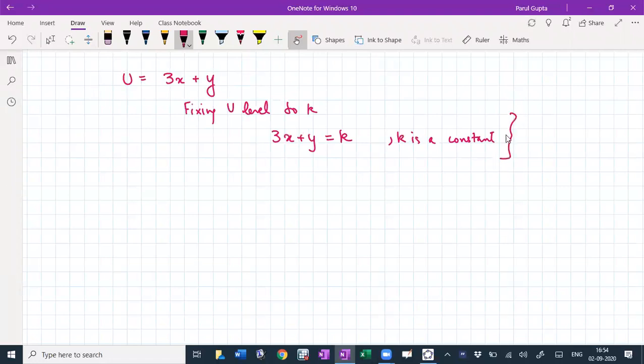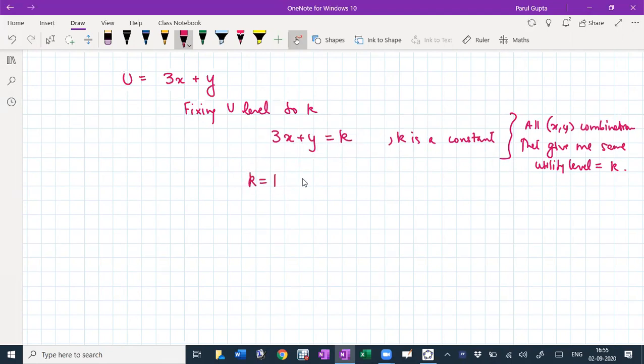In words, what this means is all xy combinations or all xy bundles that give me the same utility level equal to k. So what is this saying? I now want those combinations of x and y which will give me utility of simply k. Now k, I can choose to be anything that I want. I can take maybe k equal to 3 and 6. It will just be easier to draw. That's why I'm taking these constants.